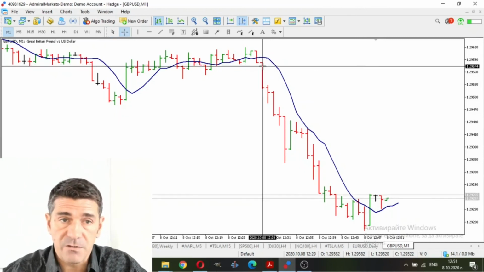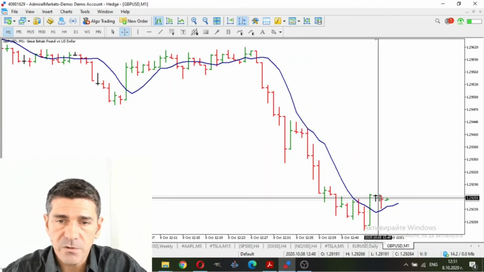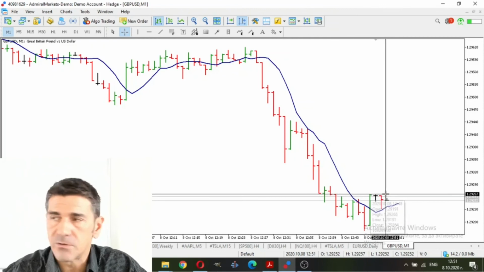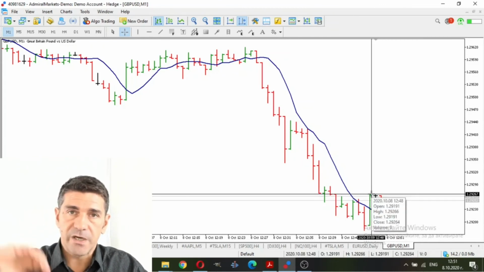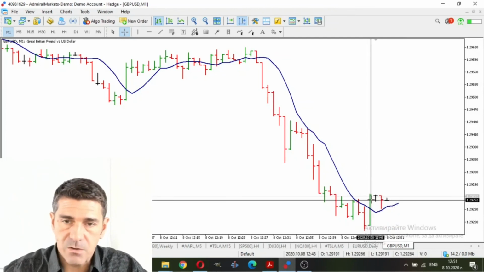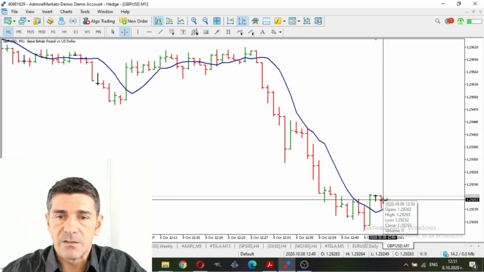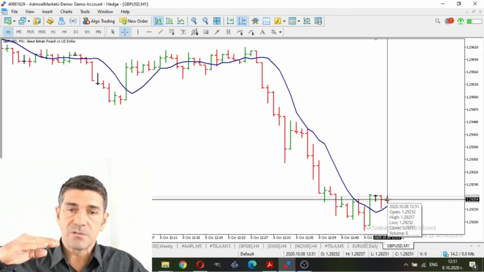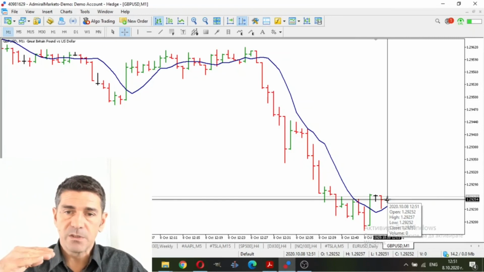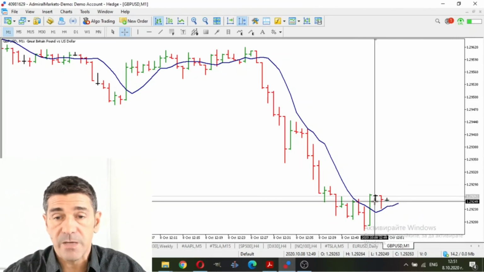If we have taken a short position here, what is happening right now? Ask yourself. Here we've got already what? A breakout. The prices went above the moving average, and they are still keeping above this moving average. So at this moment we know that something different has happened.